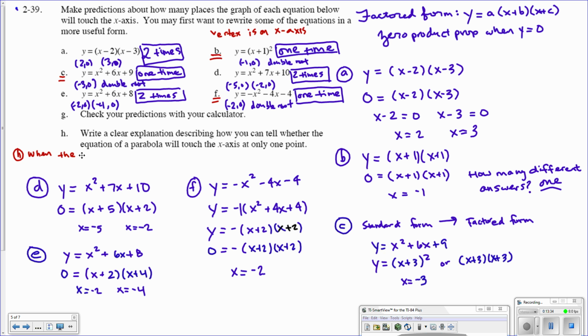when the vertex is the only point on the y-axis, I'm sorry, the x-axis, the equation is either a repeated factor, like in B, we'll say a factor squared, or a perfect square trinomial.